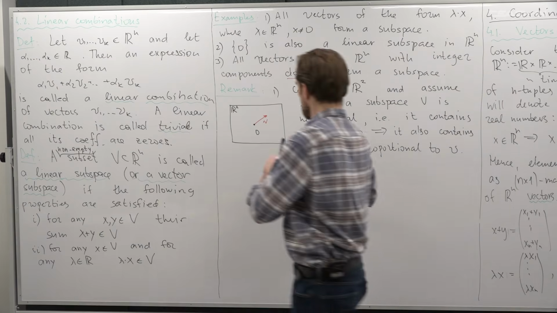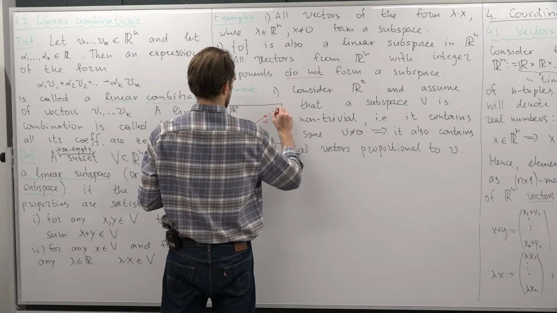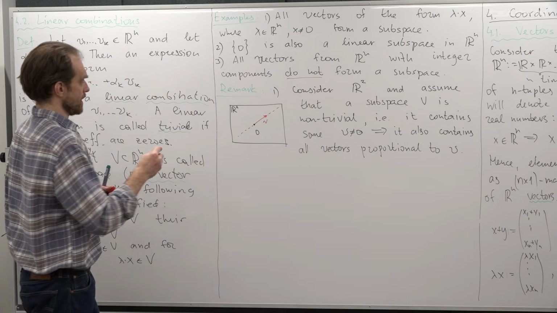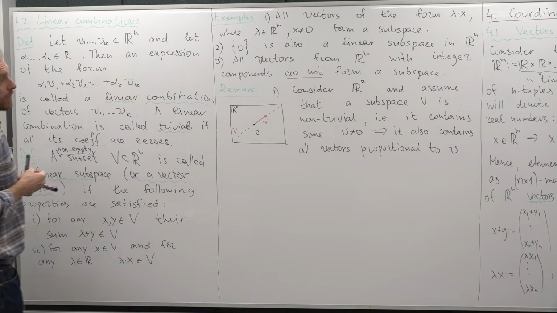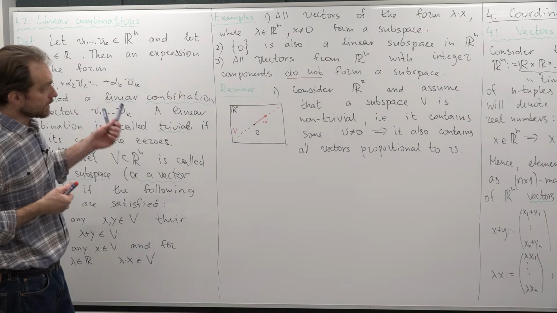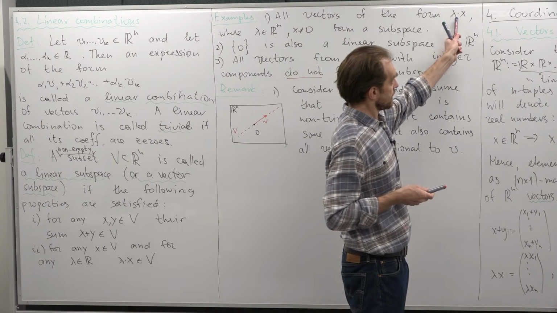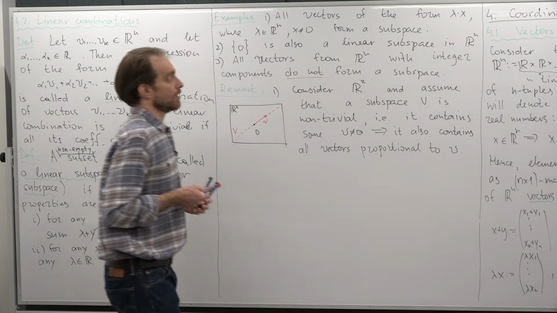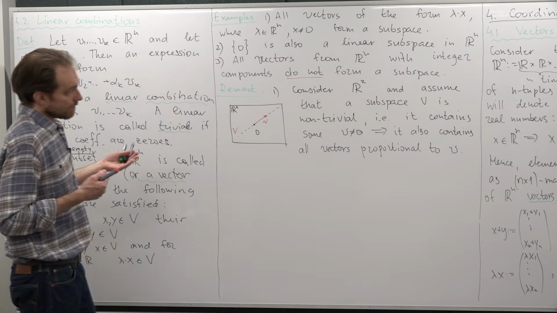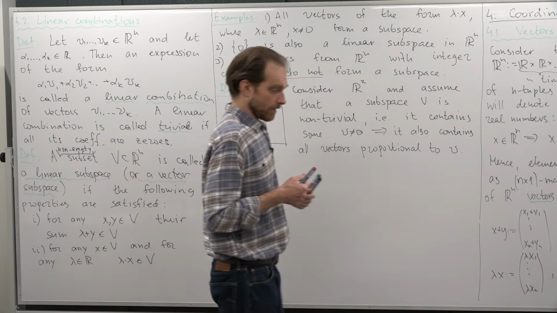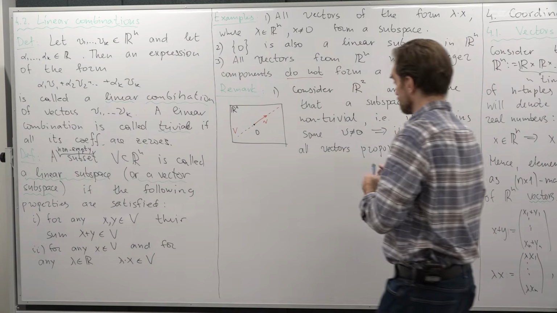So it contains the whole line passing through V. Okay, and as we already discussed, subsets of this form always form a linear subspace. So all the lines passing through the origin are linear subspaces in R2.